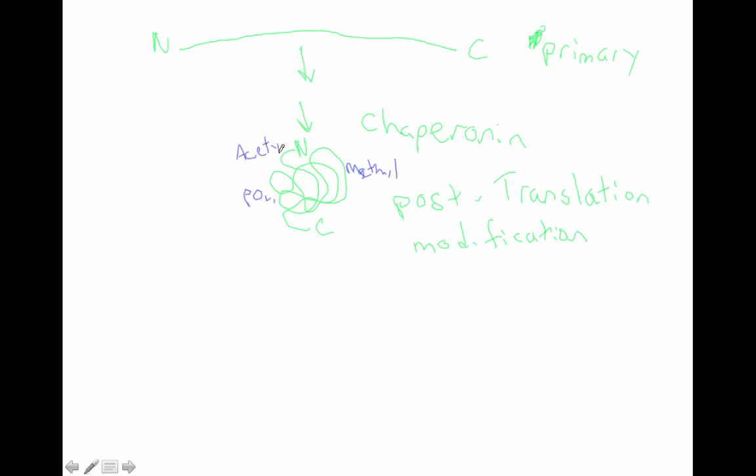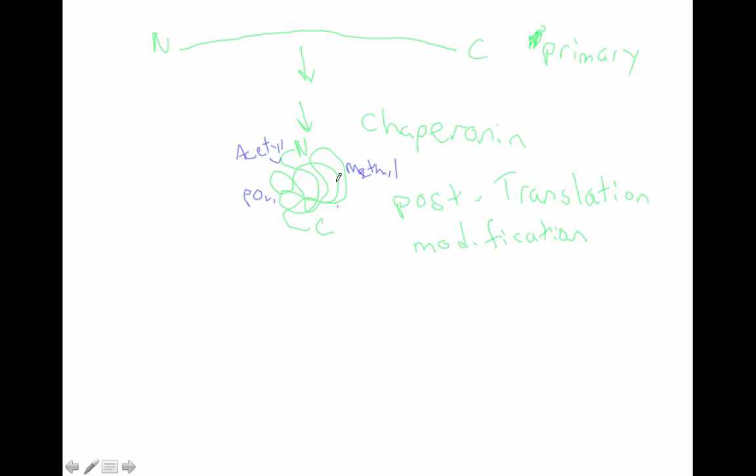You don't need to worry about the names of the chemicals here or the chemical structures, but these are all small chemicals. We may even have, well, let's just stick with these three here. What these will do, they can alter the way that this protein is folded or alter the way that this protein is charged.